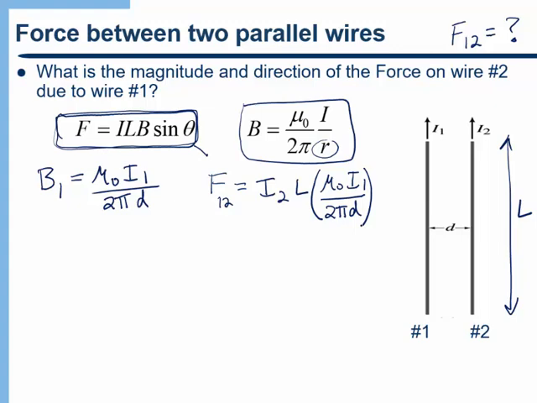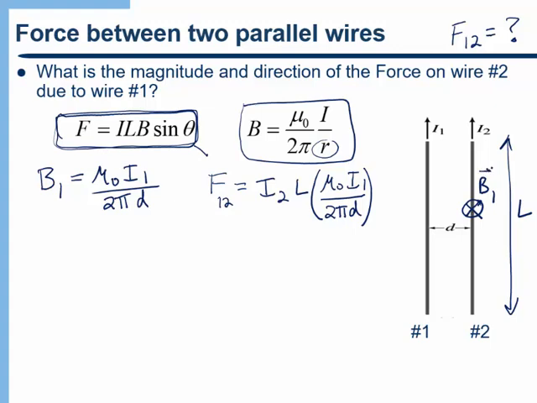So now we've got to think about the angle. Well, what is the direction of the magnetic field created by wire number 1 over here? So I put my thumb in the direction of wire number 1, and I see that my fingers are pointing in over here. So the magnetic field created by wire number 1 is in.